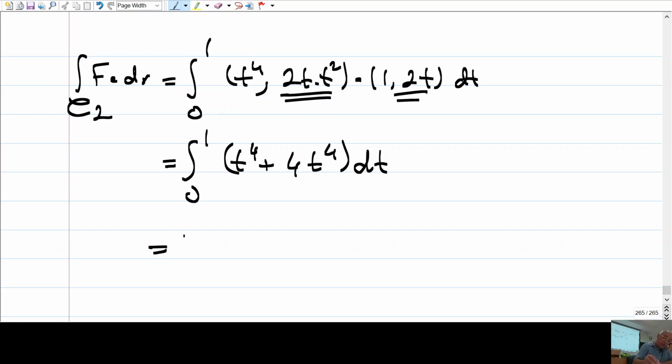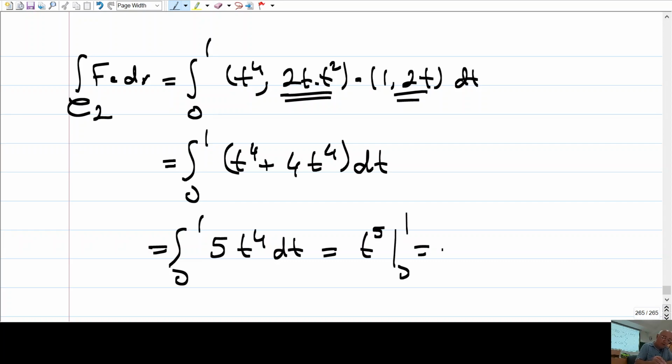So this is just 0 to 1, 5t to the power 4 dt. This is just t to the power 5, 0 to 1, and again this is just 1 unit. So the work done is again 1 unit. All right.